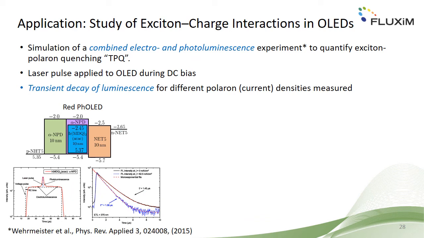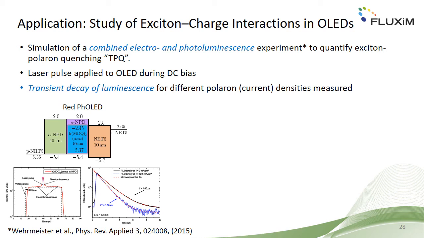After having confidence in this hybrid model, we're going to apply it to an OLED simulation, in this case also a phosphorescent OLED, a red-emitting phosphorescent OLED. Here we want to understand the efficiency roll-off that is maybe linked to exciton polaron quenching, TPQ.